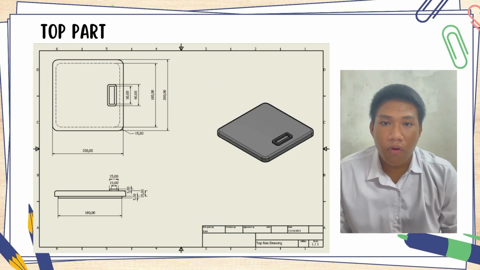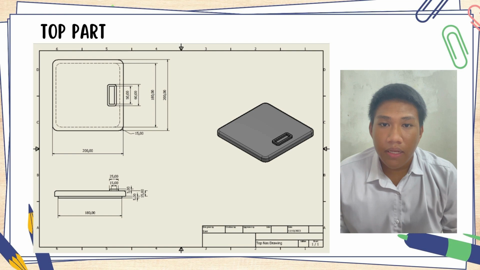Then this is the second part of the washing machine. This is the top part for the top of the body part. First we make a sketch of a 200 rectangle, and then we extrude it 10 millimeter to the top. Then we make a sketch on the top of the top part and make a 50 and 15 rectangle, and also a 60 and 25 rectangle, and then we extrude it 5 millimeter.